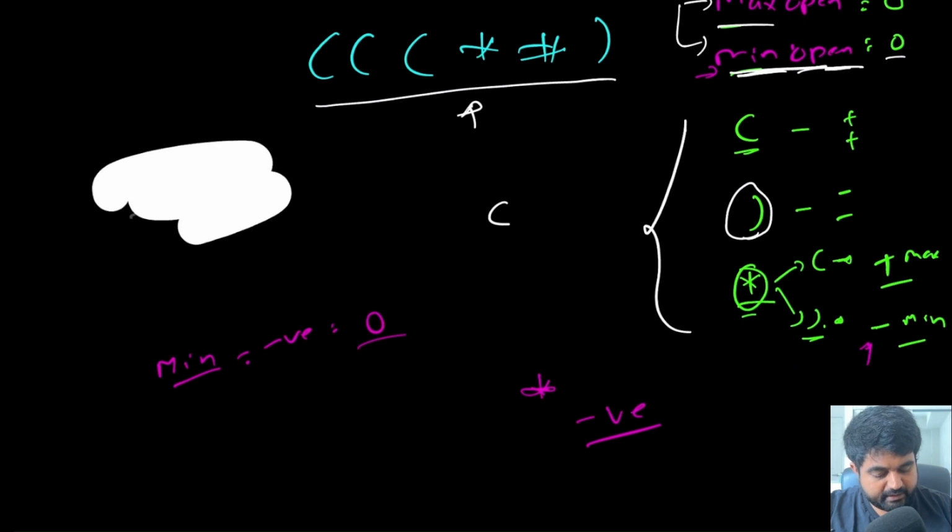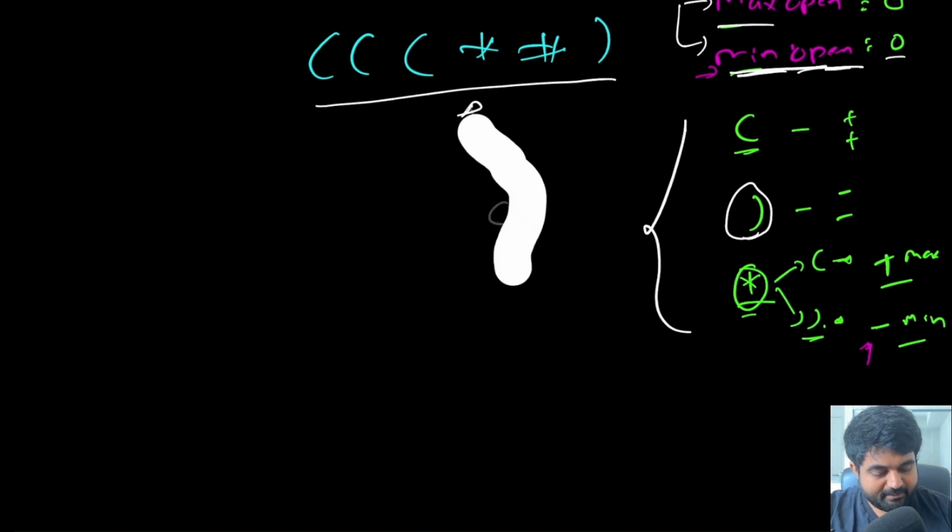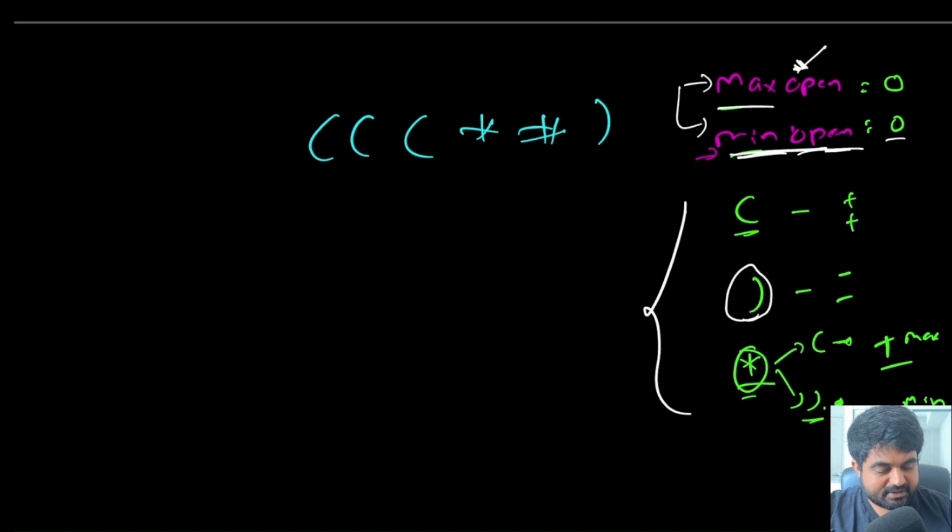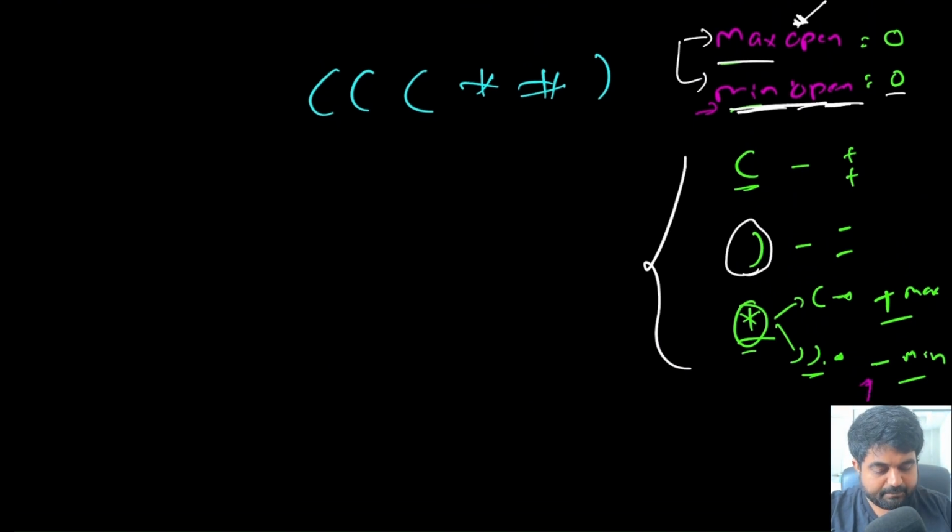And I know that there are a lot of rules that I just talked about, but if you understand what we are trying to do with the example, then it will make perfect sense. So let's say that this is our minimum variable, this is our maximum variable, and we are going to start iterating in this fashion. First we identify an open parenthesis, so we increment the value for both min and max. Currently both values are 1.